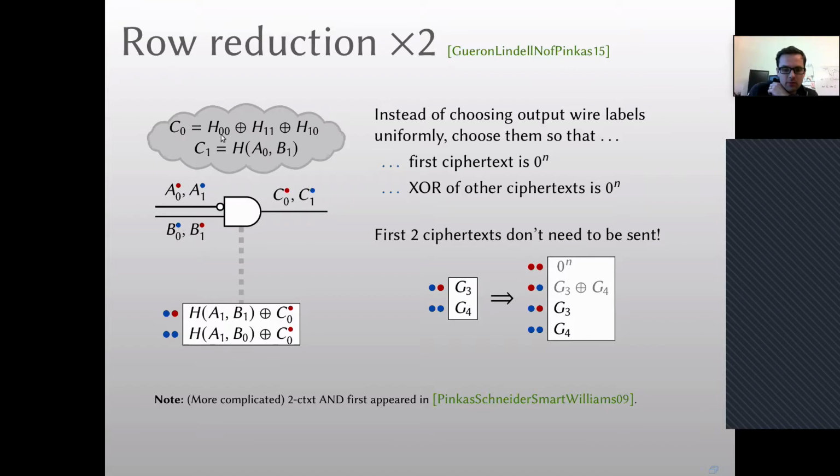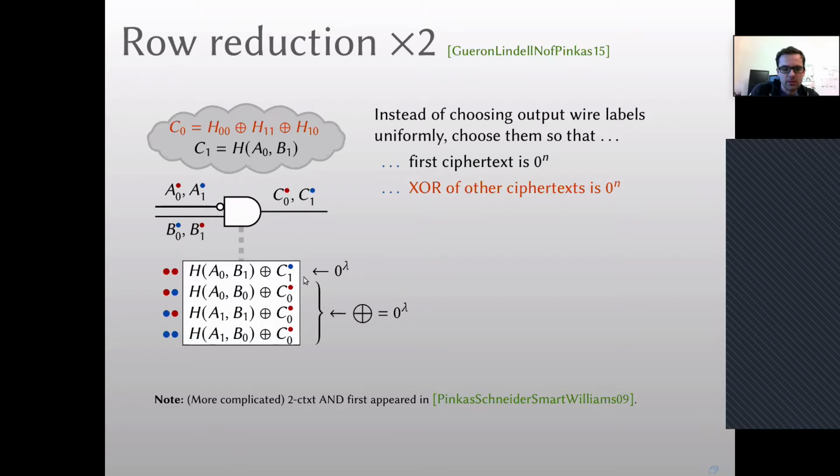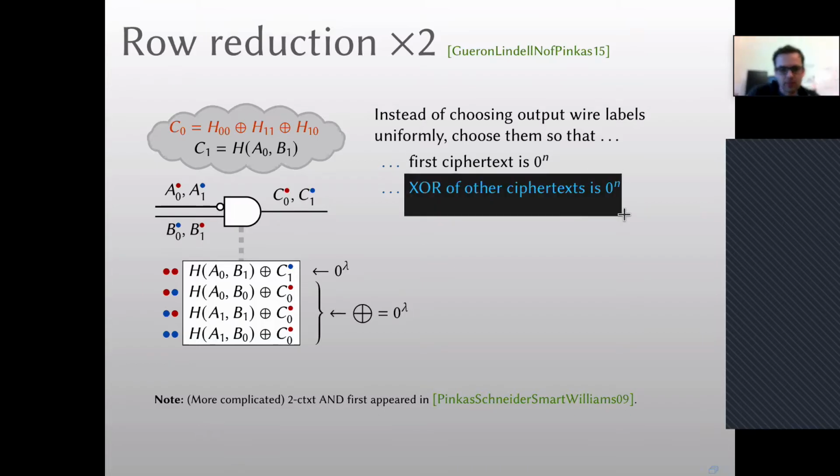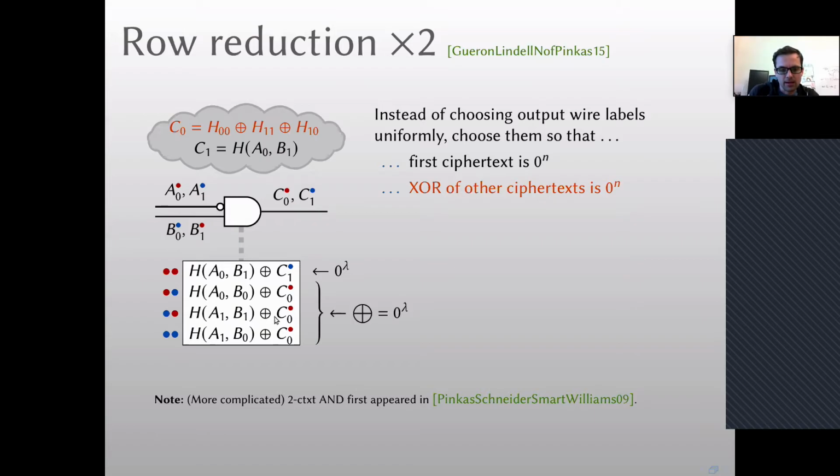The fact that you can do this step, the XOR of the other 3 ciphertexts being 0, only works for things like an AND gate. It has to do with the fact that in this truth table, there will be 3 falses and 1 true.